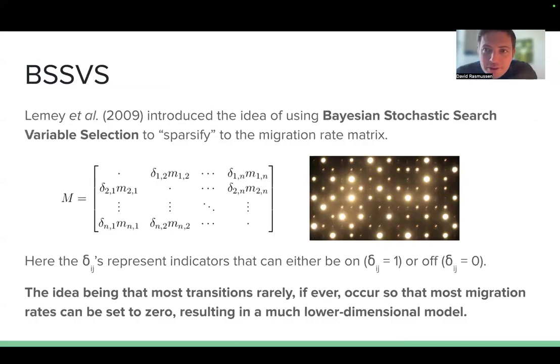And if all goes well, then hopefully instead of having this huge migration rate matrix with possibly hundreds or even thousands of indicator variables, the Bayes factors that we can compute from those indicator variables will essentially tell us which subset of migration rates is actually important and actually has a high probability of being greater than zero.